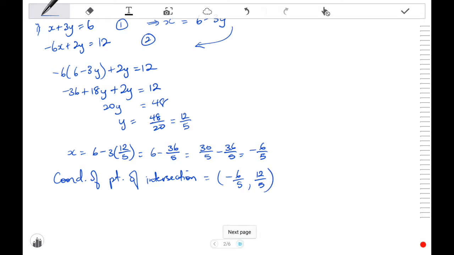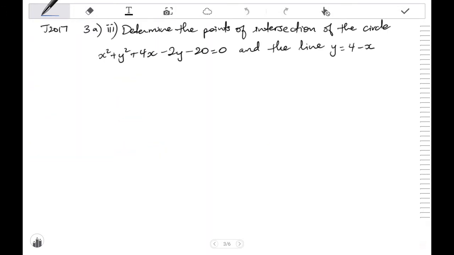Alright, so let's look at some more examples. June 2017, number 3A, part 3. Determine the points of intersection of the circle x squared plus y squared plus 4x minus 2y minus 20 equals 0, and the line y equals 4 minus x. Again, we want to find points of intersection, so we just need to use the two equations. We have the equation of a circle, which we will do soon, in general form, and this is our line.